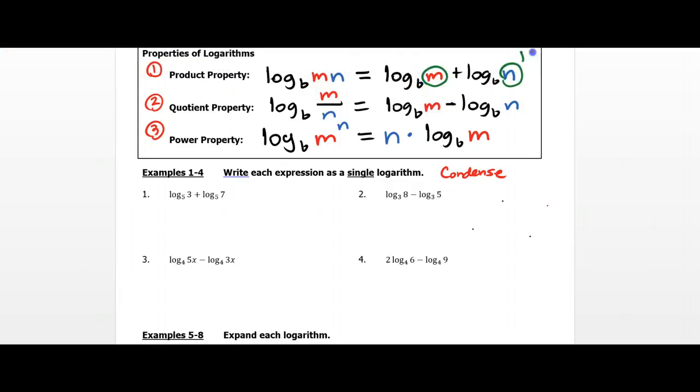So when we're dealing with logs, these numbers here are what are called the arguments. So log base 5 of 3 plus log base 5 of 7 would be equivalent to log base 5 of 3 times 7, which is the same as log base 5 of 21.